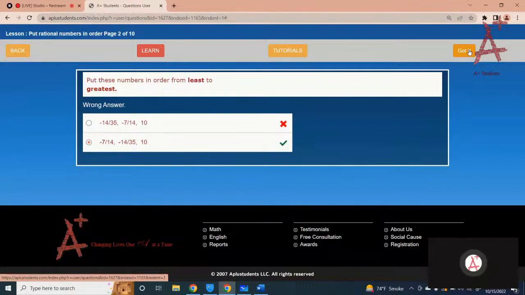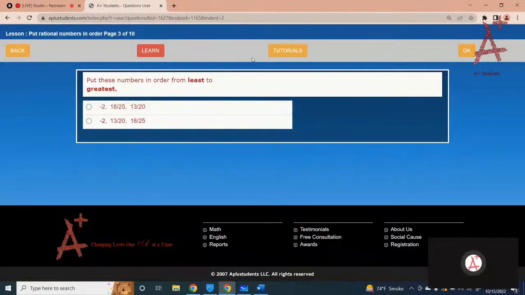Oh, negative 7 over 14 is 0.5. 0.5 is the smallest one, then you have 0.8, and then you have 10. Got it? Okay, put these numbers in order from least to greatest. Okay, negative 2 is the smallest one.